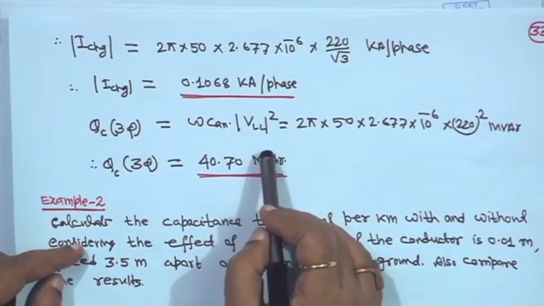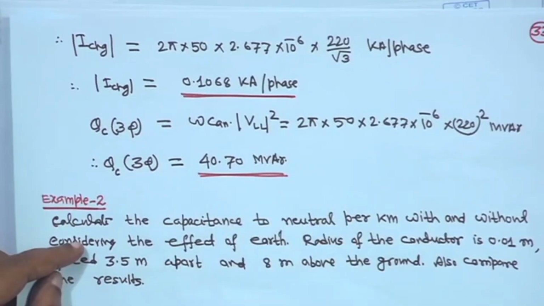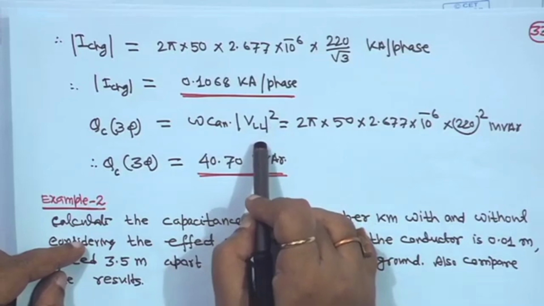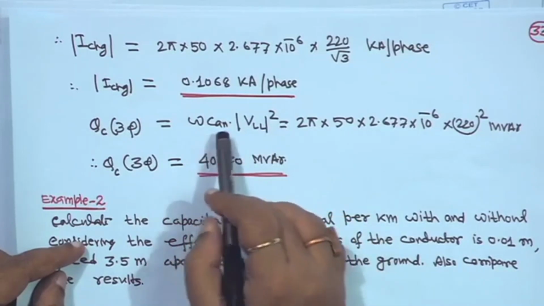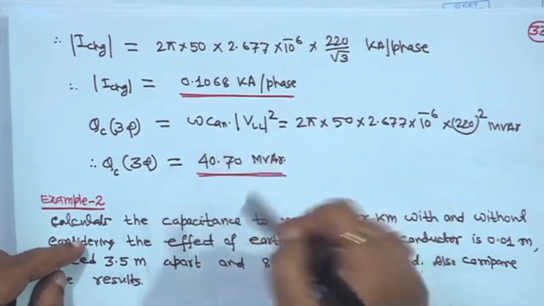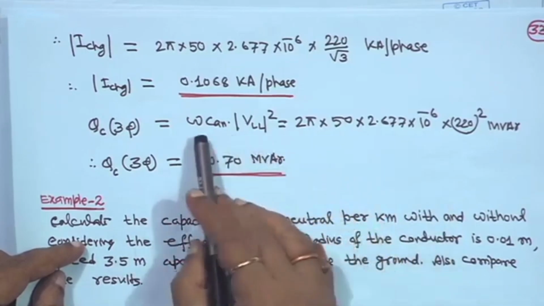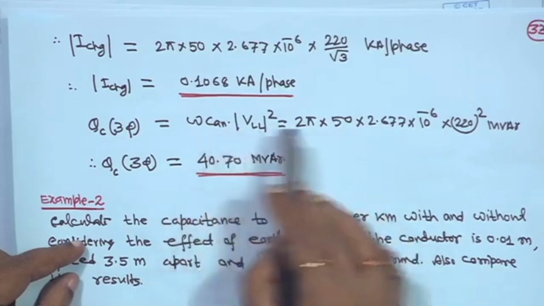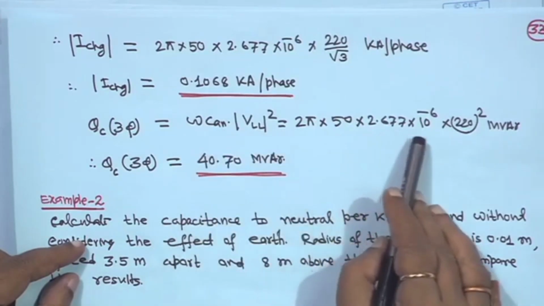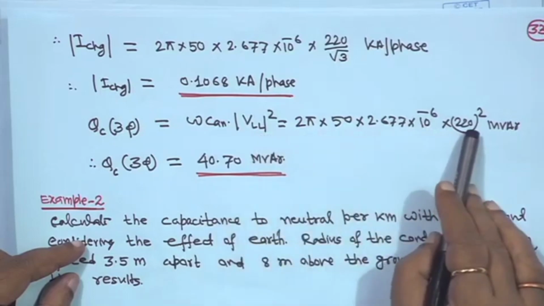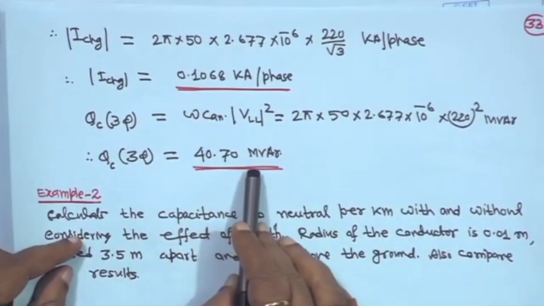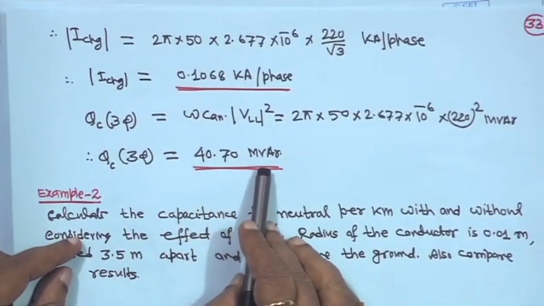Basically, it is V squared upon XC, where XC is equal to 1 upon omega C. So here it is V line to line squared by XC, which is 1 upon omega CN, going to the numerator. So omega CN into VLL squared: substitute omega as 2 pi f, CN as 2.677 into 10 to the power minus 6, and VLL as 220, whole squared, in megavar. This is 40.70 megavar. So this much var is injected.